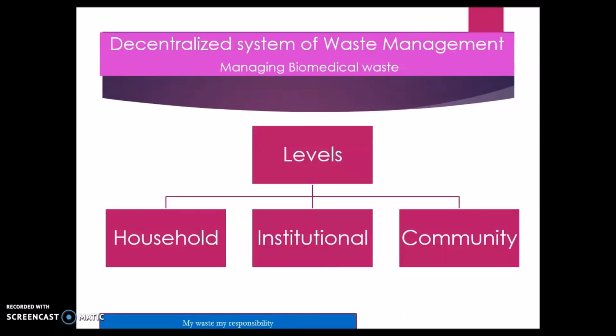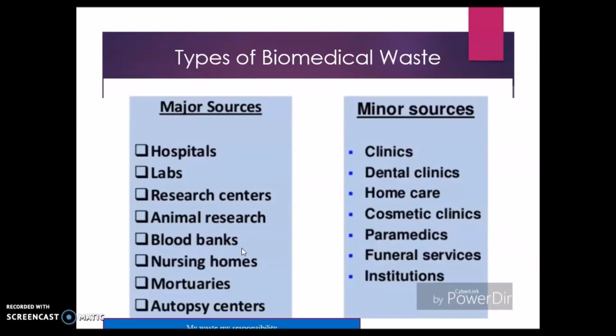So generally, biomedical or solid waste is a decentralized system of waste management because human beings are already living in a community. According to its level, household, institutional, or community, the waste is collected.